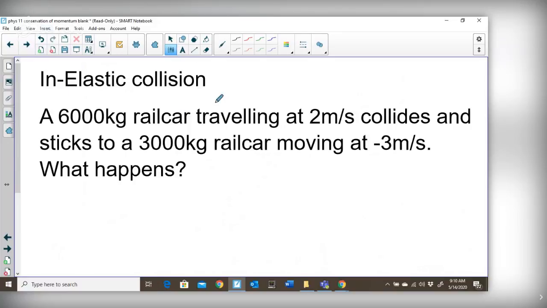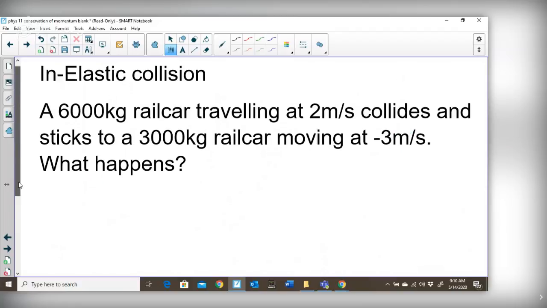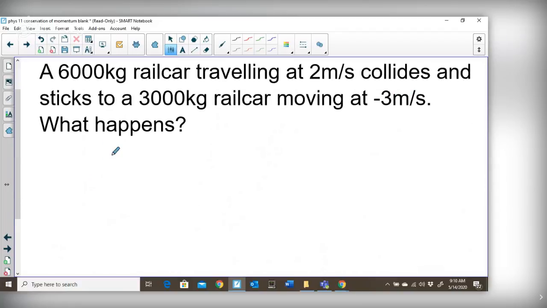All right, here we have an inelastic collision. A 6,000 kilogram rail car is traveling at 2 meters per second, collides and sticks to a 3,000 kilogram rail car moving at -3 meters per second. What happens? All right, so let's just draw these things out because you know I like drawing things. We have this rail car, this is 6,000, and it's traveling this way.